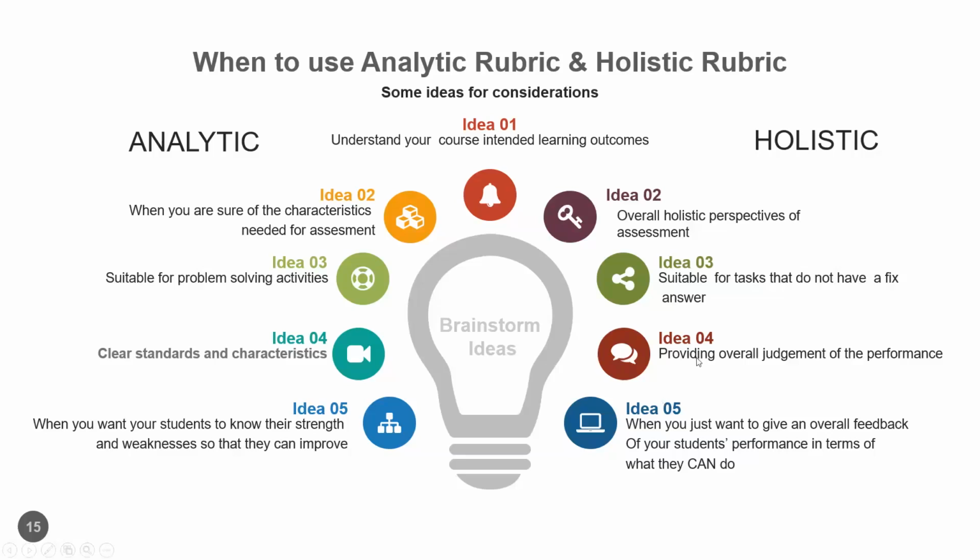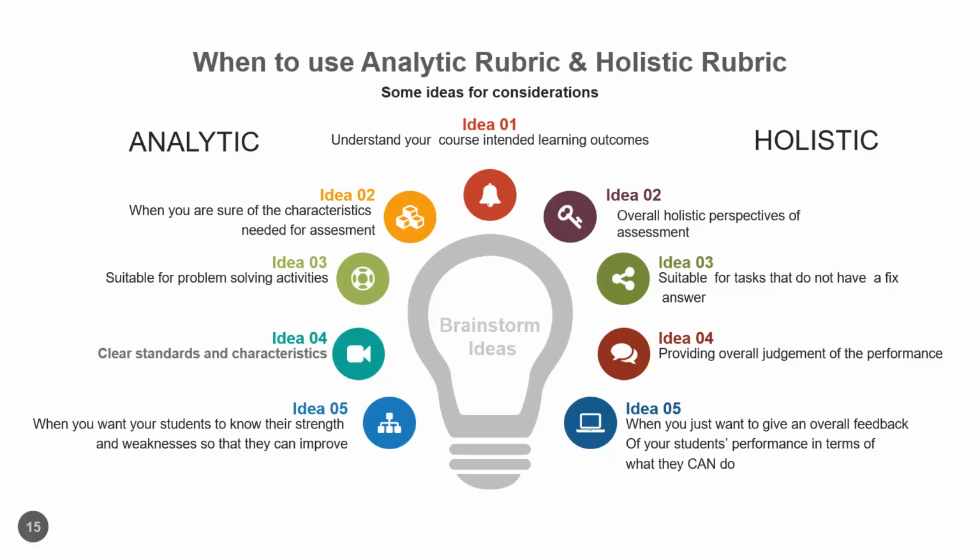Even so, it's going to be an overall judgment of their performance, not specific characteristics of their performance. When you just want to give overall feedback on your students' performance in terms of what they can do, then holistic will be the right type of rubric to use.